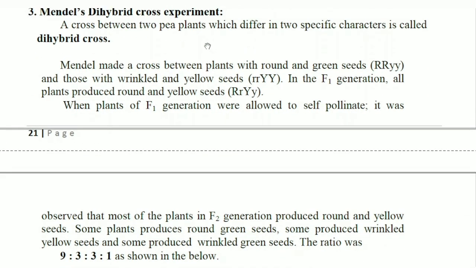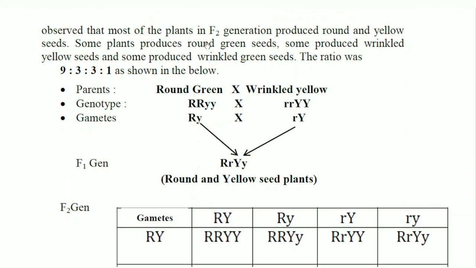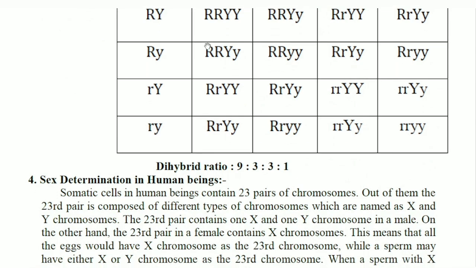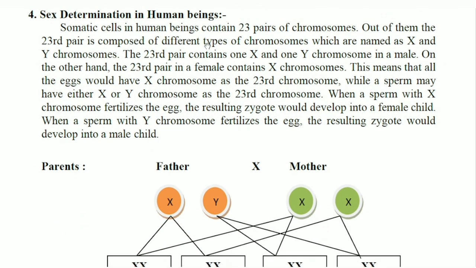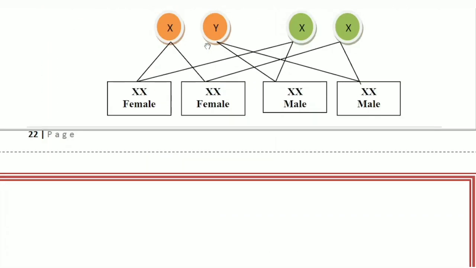They asked to write the checkerboard for 3 marks or 4 marks, maybe 3. So don't forget. And next one is sex determination in human beings. How the sex determination happens. So this is a very important question. So in heredity, if you learn these 4 questions, it is easy to score the marks.